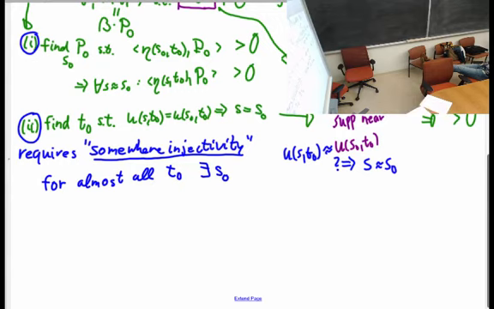Except if you also know unique continuation, right? So you can somehow replace this by what you get from unique continuation about the eta.